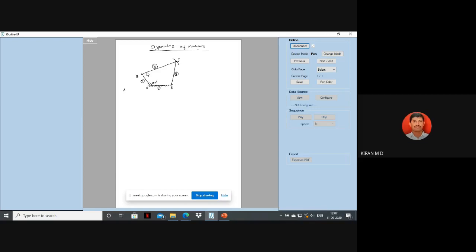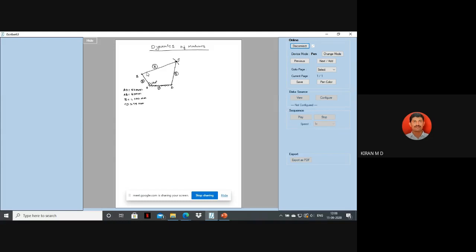Yes. This AD is equal to 50 mm, AB is equal to 40 mm, BC is equal to 100 mm, and CD is equal to 75 mm.